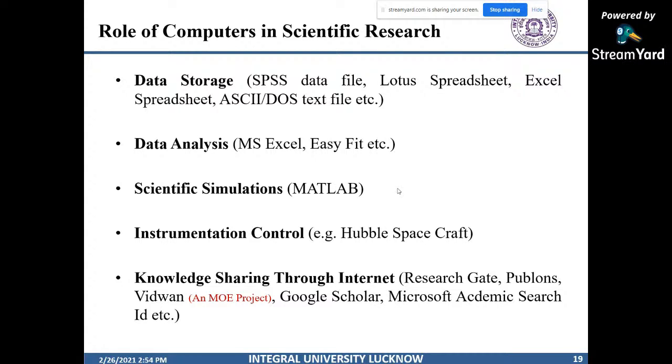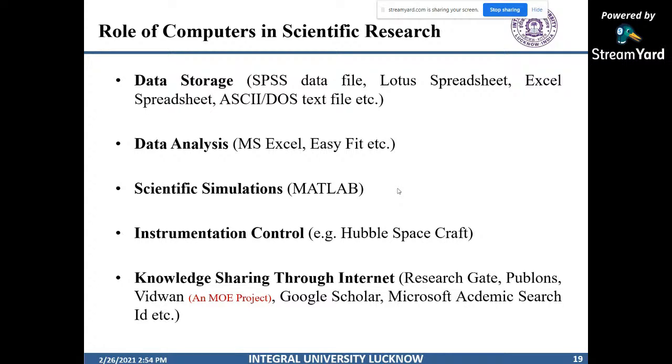Suppose you want to search papers on machine learning, so you can type machine learning in healthcare or machine learning in some other area. You will get relevant research papers in Google Scholar.